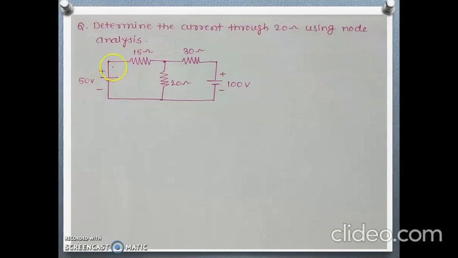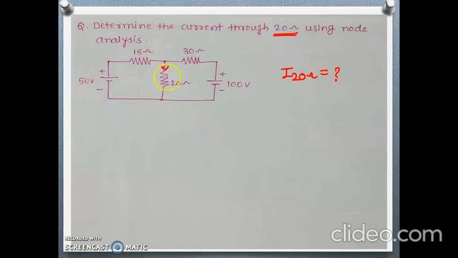The question is, determine the current through the 20 ohm using node analysis. This is the given circuit, and we have to find the current through this branch. That means we want the value of I 20 ohm.